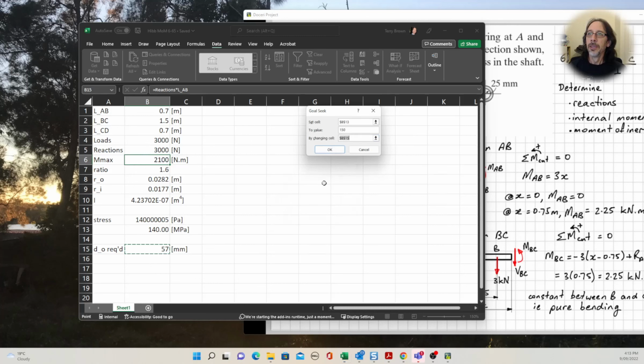Yeah, okay. You've got to have the value that you're using before this calculation. So we've done that, and now we get a required diameter of 56 millimeters.